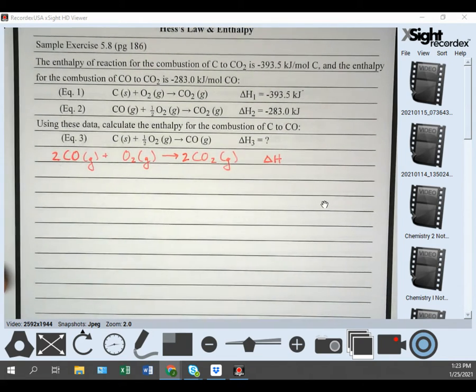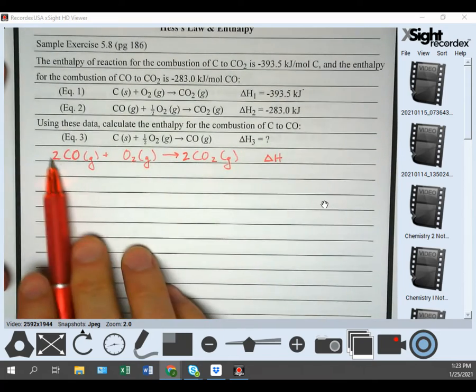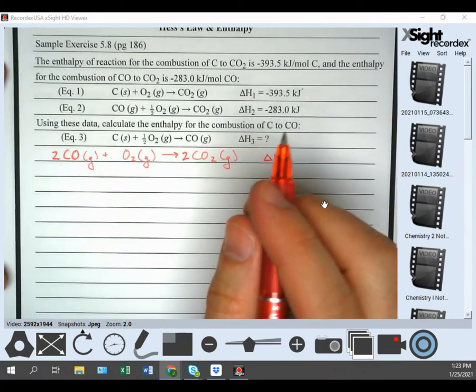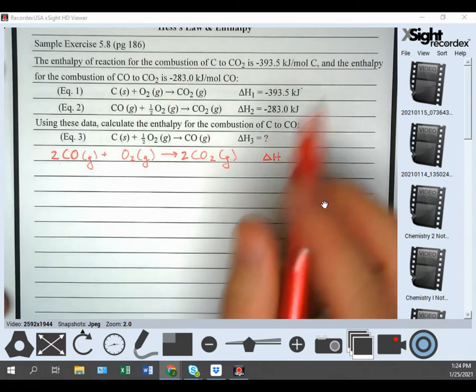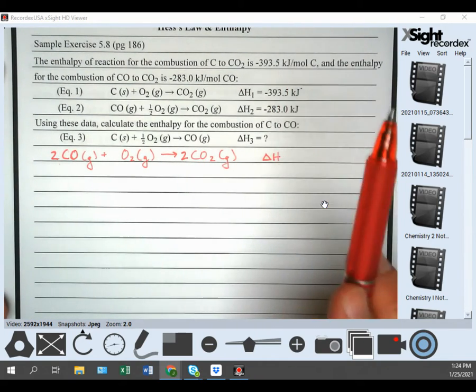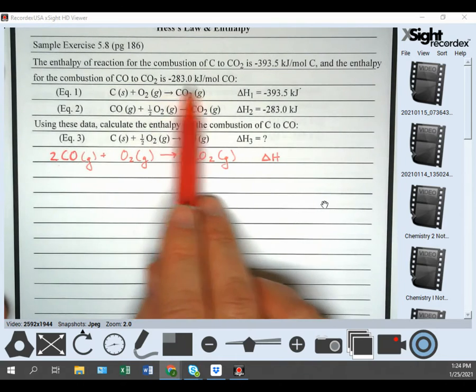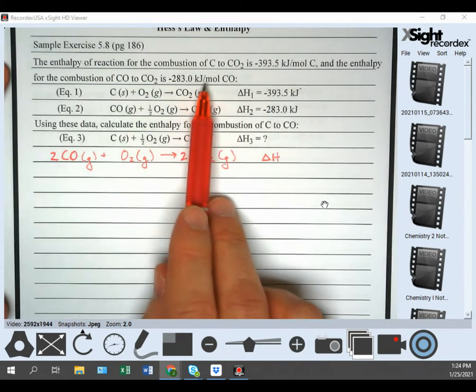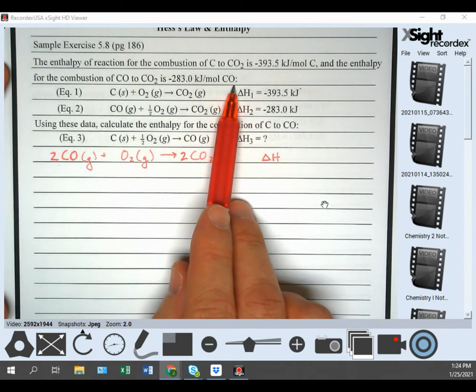Yes. Right. 2, because of this. Right? We got 2 moles of carbon dioxide. What did they tell us our enthalpy is? Right here. Negative 283.0 kilojoules per 1 mole of carbon monoxide, right?